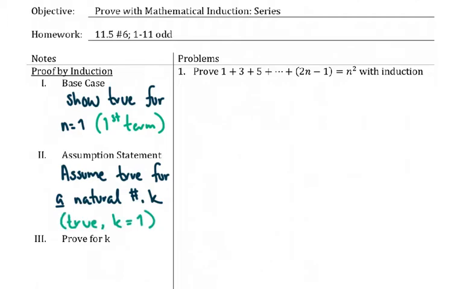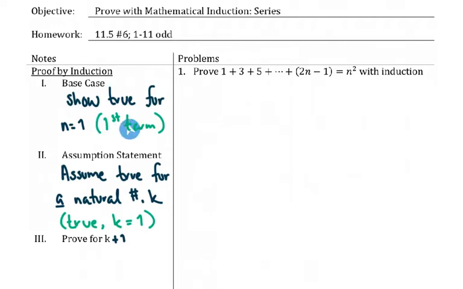We're using the scientific or mathematical version of assume, where we actually know it's true. We're just talking in general terms. And then what we want to do is, since we know it's true for k, we're going to prove it's true for k plus 1 here as our third step, because then we're proving it true for consecutive numbers.